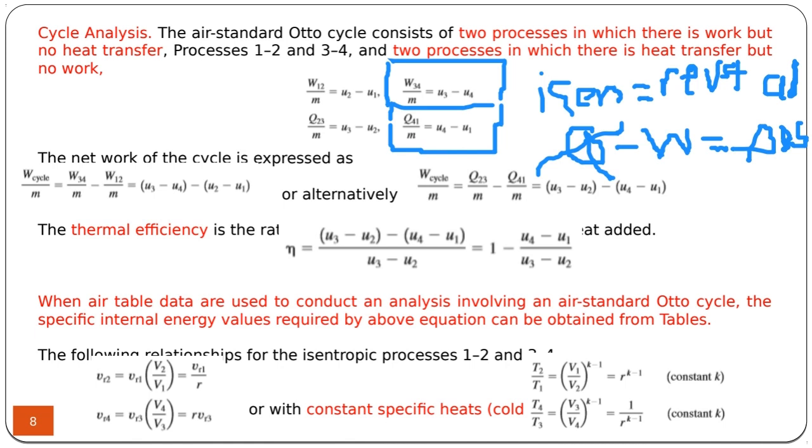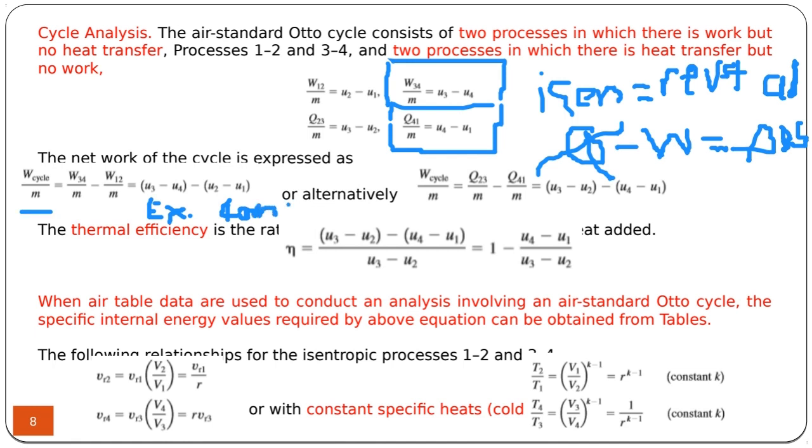So the net work of the cycle can be obtained from the difference of the compression work and expansion work. So this one is expansion work, and this one is compression work. And the difference of them will give you the net work.